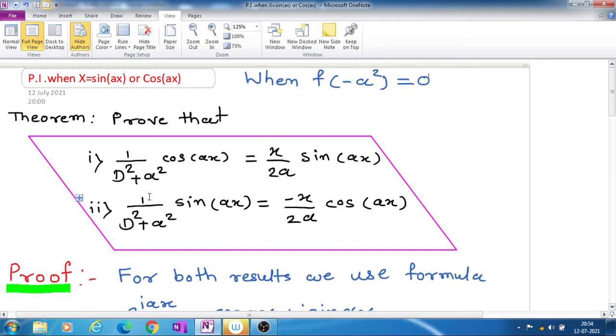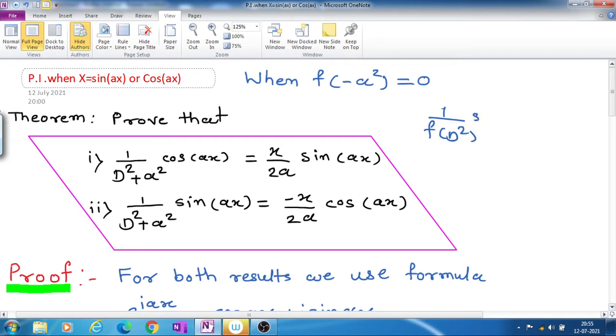And therefore this formula we have seen, that 1 upon f(D square) operating on sin ax or cos ax is equal to 1 upon f of minus a square. If there is sin ax, then here also sin ax.